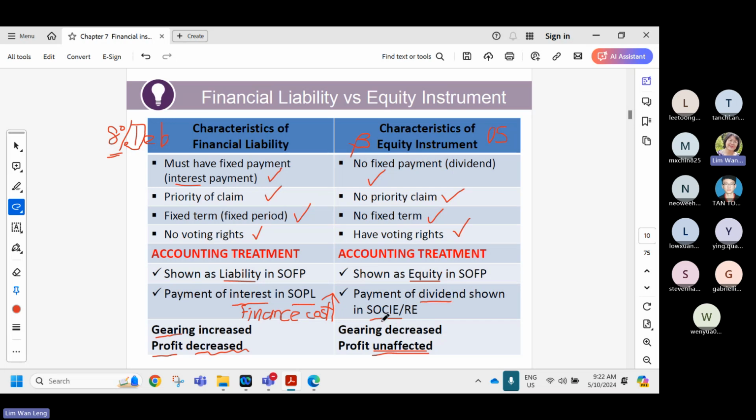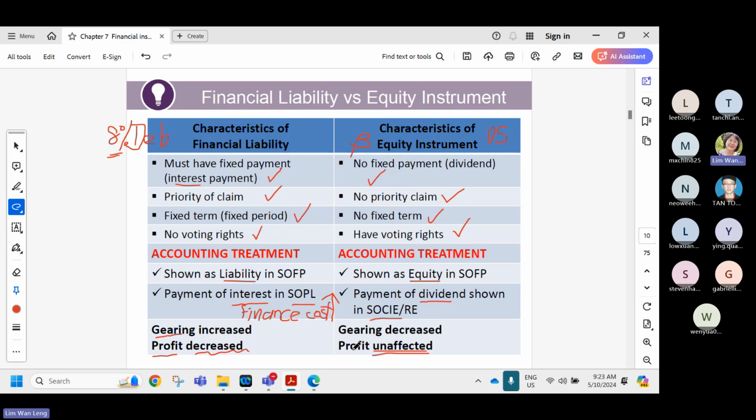Because the dividends are shown at the level of SOCIE, which means at the bottom. Okay, profit is on top. After you get the profit, then only you issue out a certain portion of it as dividends. So which means the profit after tax of the entity will be unaffected.